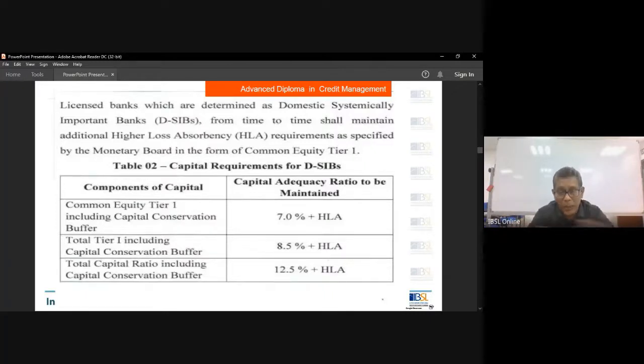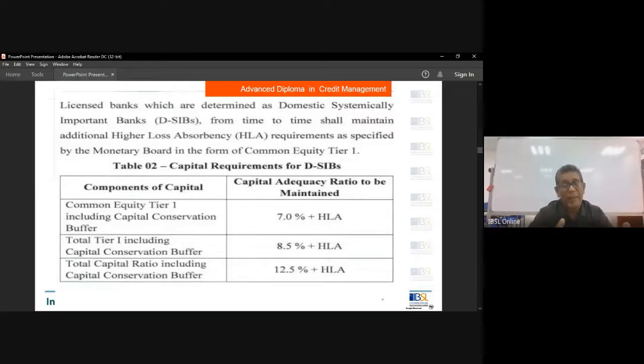So all banks other than the DSIBs need to maintain a capital adequacy ratio of 12.5, whereas for those 4 identified by the central bank with their calculations and criteria, technically they have identified 2 banks as bucket 2 and bucket 1.